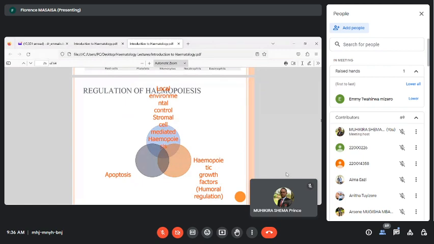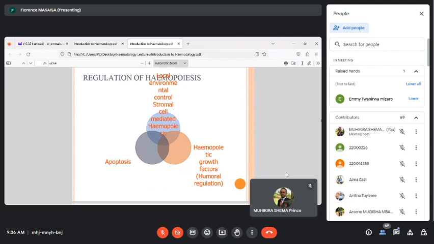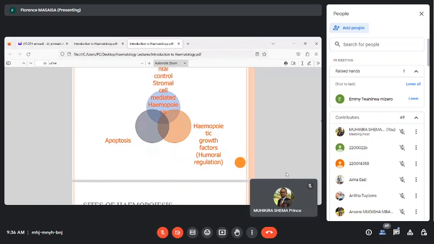Any of these in excess may cause disruption of the blood production. If there is an excess of apoptosis, that may cause a decreased number of cells. Any issue with the growth factor may decrease production. Then the local environment may also disrupt the cell production.